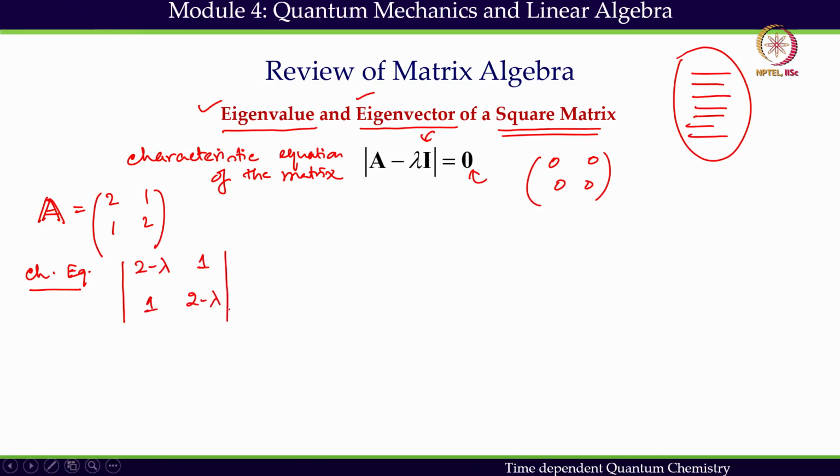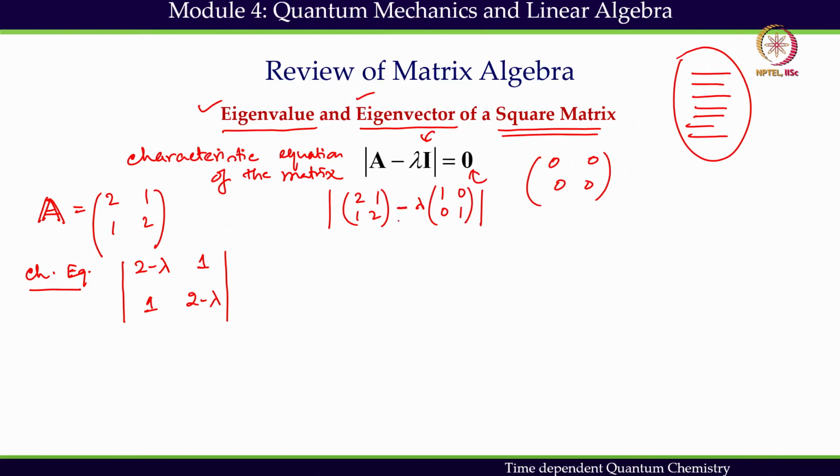This is the characteristic equation. Why is it so? Because A is 2 1 1 2 minus lambda multiplied by identity matrix or unit matrix, which is given by 1 0 0 1, then its determinant.